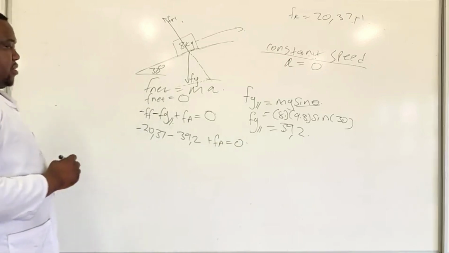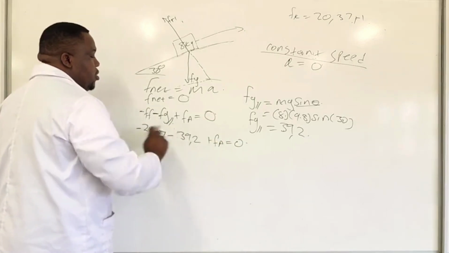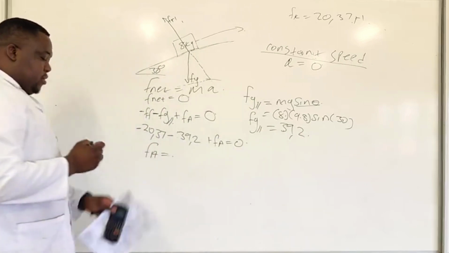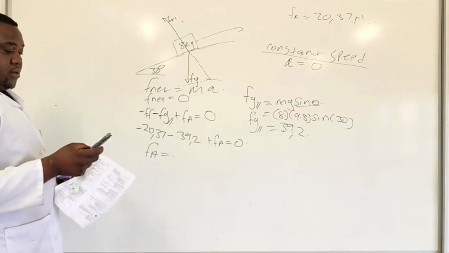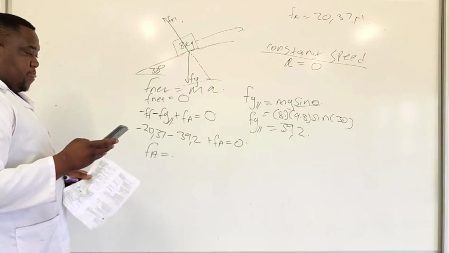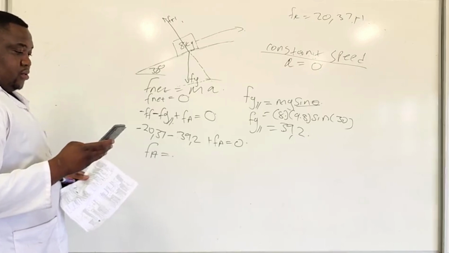So what does that mean? It means that we make these two cross to the other side. So applied force is equal to, we add this one, minus 20.37 minus 39.2.